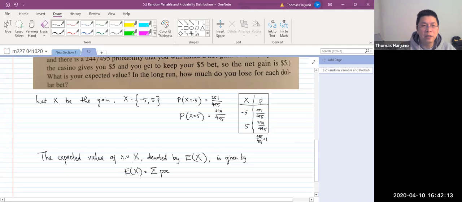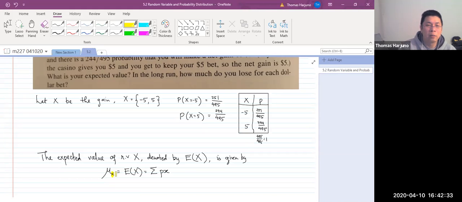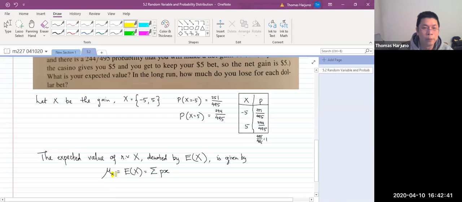Now, this expected value is also denoted by, surprisingly, mu subscript x. You can omit that subscript x if the context is clear that we are dealing with only one random variable, but usually in case of random variables, we keep writing the random variable as a subscript.